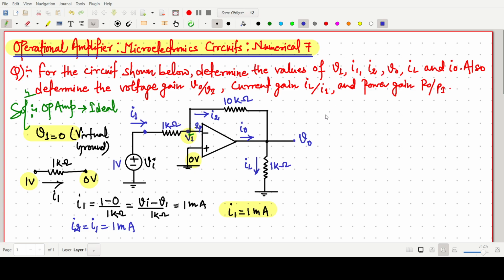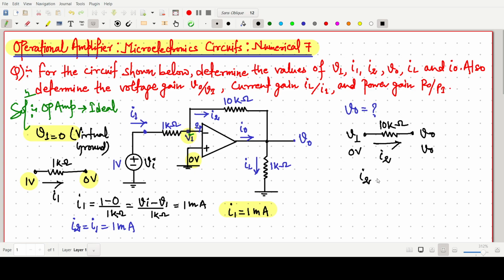Now we have to find V naught. So how will we find the V naught? To find the value of V naught, I am taking this resistor here. This voltage is our V naught, and this one is V1, that is our 0 volt, and this one is our 10 kilo ohm, and the current in this resistor will be simply our I2.